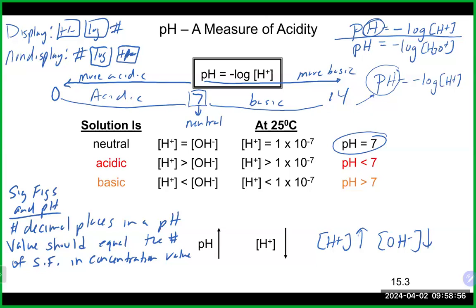So for example, if we had an H plus concentration of, say, 2.4 times 10 to the minus 3, why don't you calculate the pH to the proper number of figures? Make sure your calculator works. Okay, so the pH here would equal negative log of 2.4 times 10 to the minus 3.